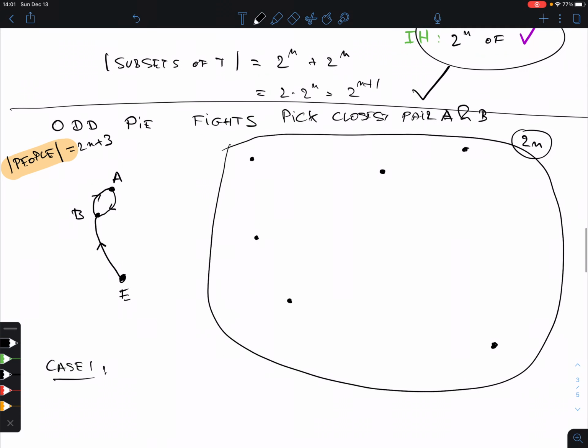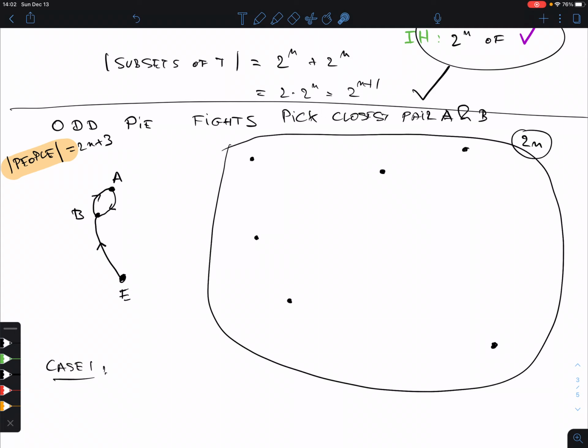Is it okay if I write it this way? Why? Because there are 3 people here, and in total there are 2n plus 3. So this consists of 2n people. Each of these 2n people still has to throw a pie.